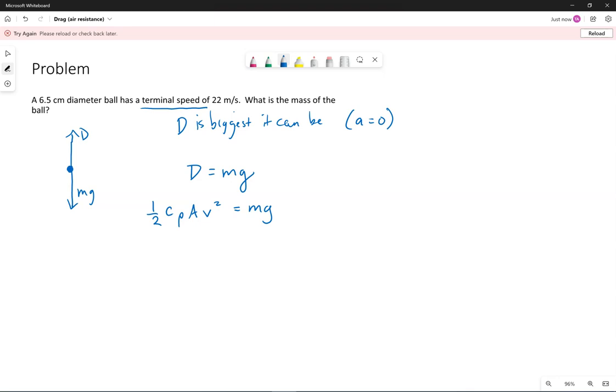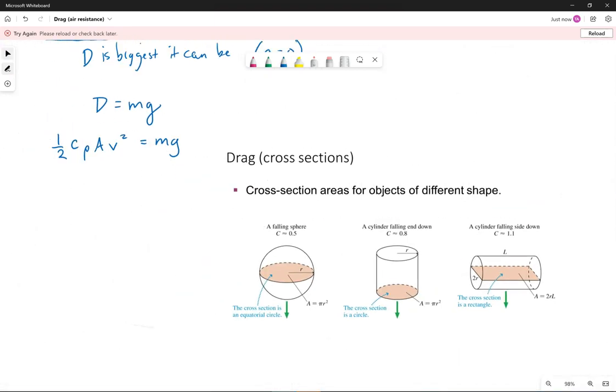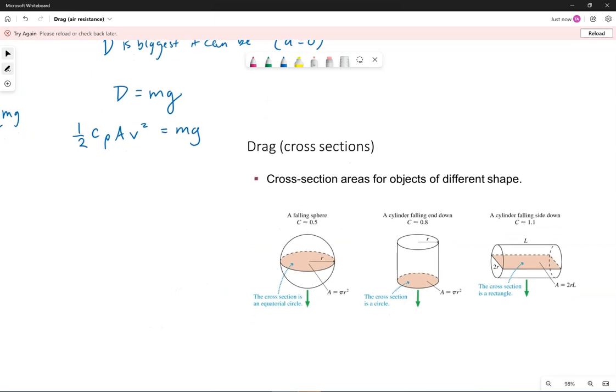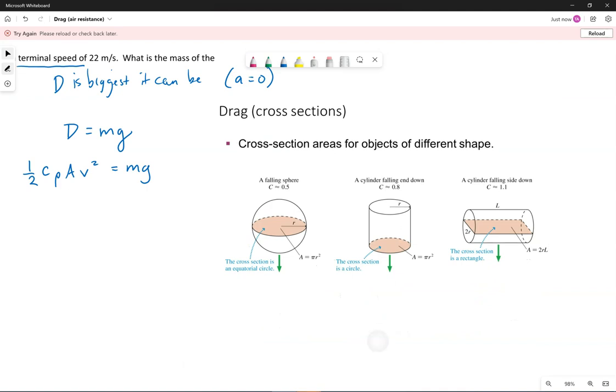Now, coming into finding these values. Sorry for the jump there. This table is from the book. Our author is showing how, depending upon the shape of the object, they're giving us some approximated values for that drag coefficient.